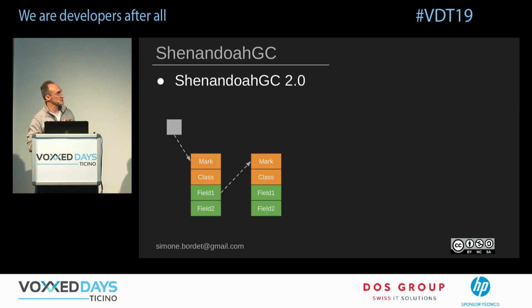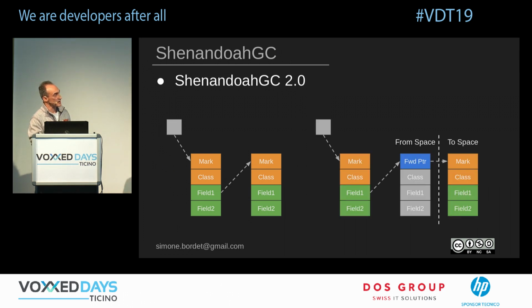But fast forward to Shenandoah 2.0, this is the same situation. Now Shenandoah 2.0 does a different thing. It has eliminated the forward pointer, which is now stored in the mark word here. So when Shenandoah makes a copy of an object, it just installs the forward pointer, overriding whatever was in the mark word.